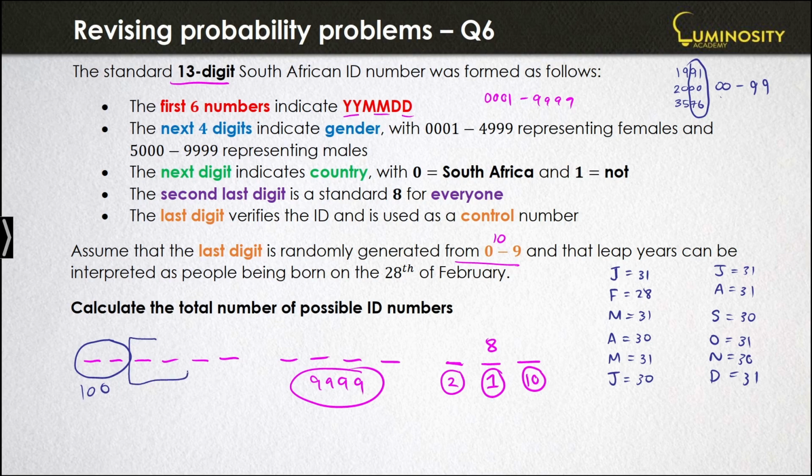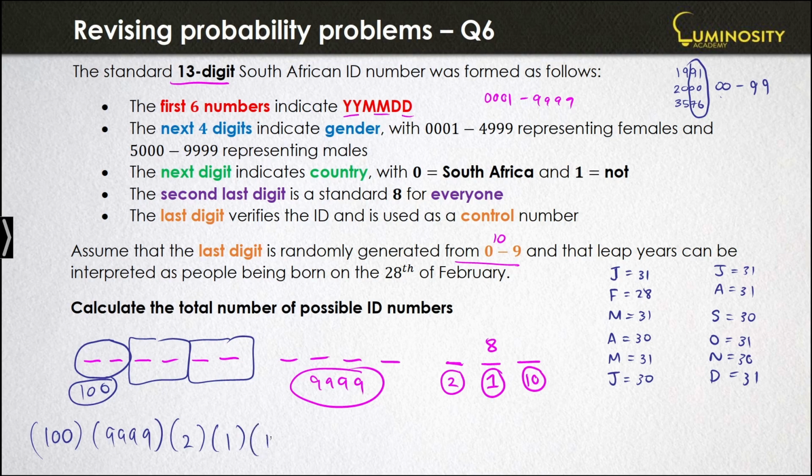And then when we get to months and days, these will depend on the month that we are looking at, because certain months have 30 days, certain months have 31 days, and only one month has 28 days. So to get the total number of possible IDs, what's common to all of them are these 100 for the years, the 9999 for the genders, 2 for the country, 1 for that 8 digit in the second last place, and then 10 options for the control digit.